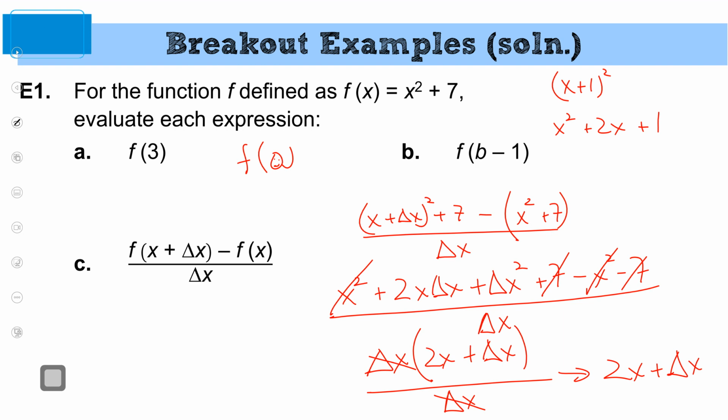Okay, any questions on that process? That is a very basic concept, but crucially important in calculus. So again, I wanted to make sure on day 2 that you could all simplify that, because we're going to have to be able to simplify that ad nauseum.